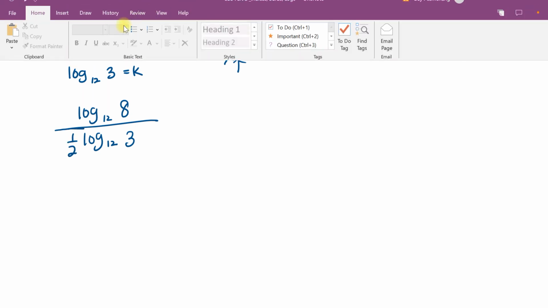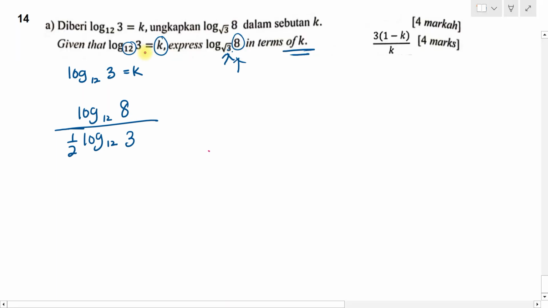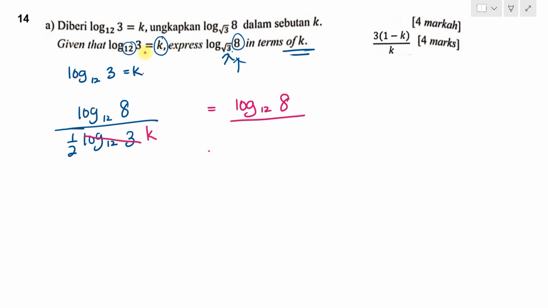Okay, now you see log 12 3. Log 12 3 is actually k. Sekarang kamu akan dapat jawapan log 12 8 over 1 over 2 times k, is k over 2 lah. Okay, so how we do this?